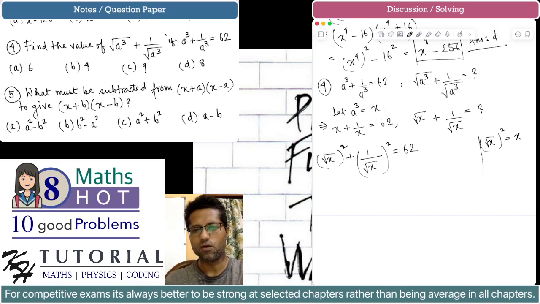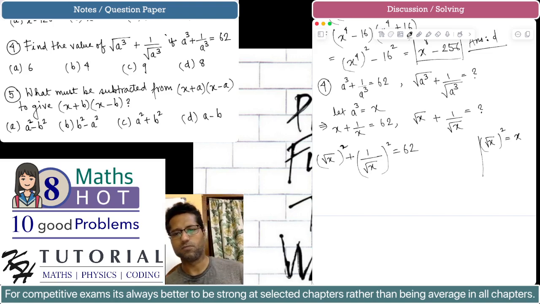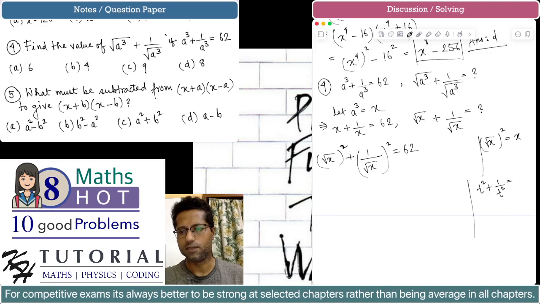So this is of the form a square plus 1 by a square, where the value of a square plus 1 by a square is given, not a. Let's say I am taking another variable name, t square plus 1 by t square, is given as 62.